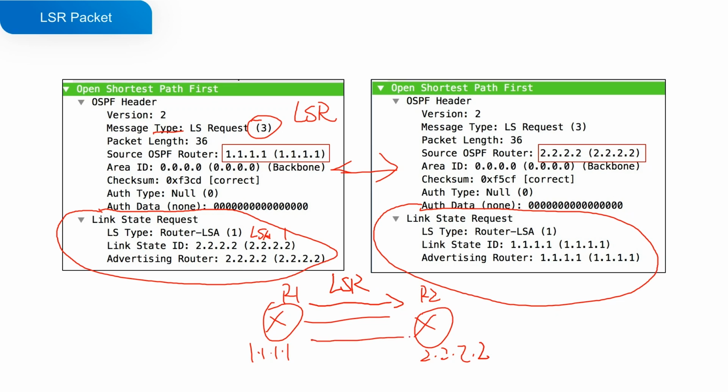And R2 also wants the LSA information from R1. So R2 sends the LSR to request the 1.1.1.1 LSA information. So these two packets actually show this topology. Okay, so this is the LSR packet.